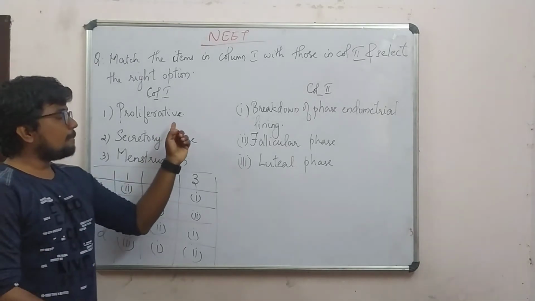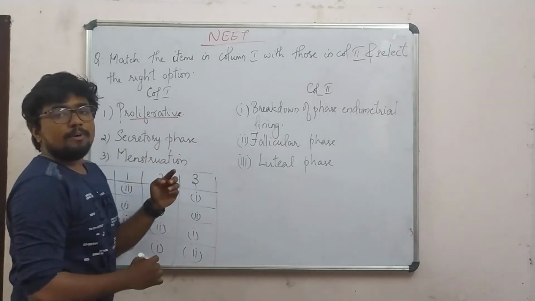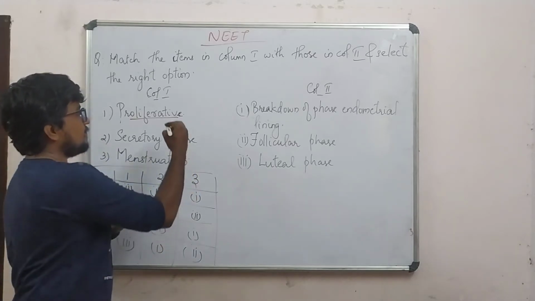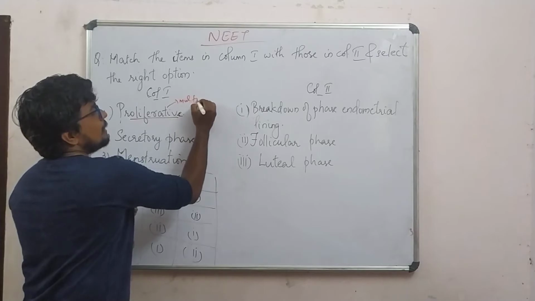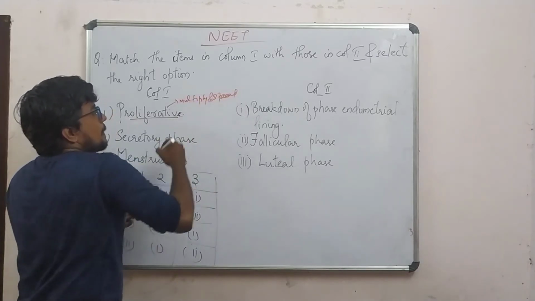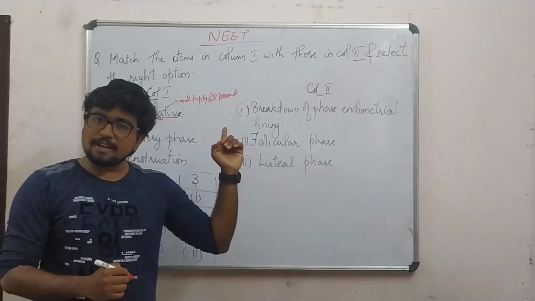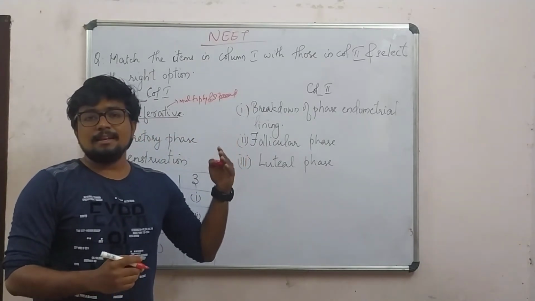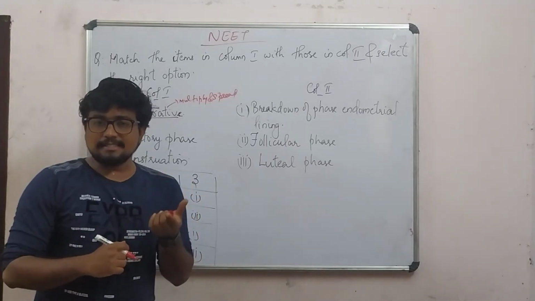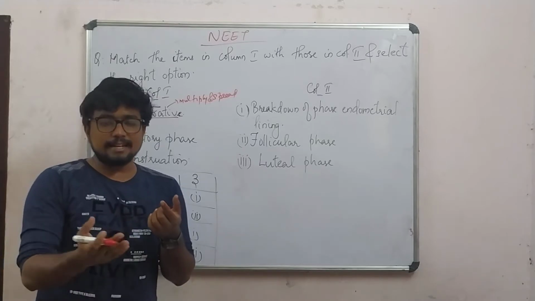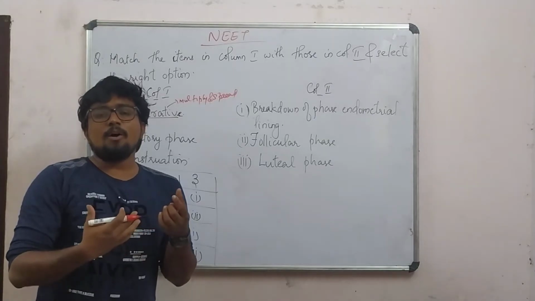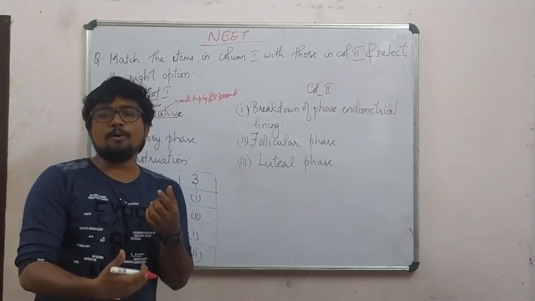So the first one, proliferative. And we know the word meaning of proliferative. It means to multiply and spread. Remember it? It means to multiply and spread. So it is in this proliferative phase that estrogen level in the body of a female rises, and as a result the endometrium, that is a layer of the uterus, thickens up, and the ovary will be ready to release an egg or ovum.